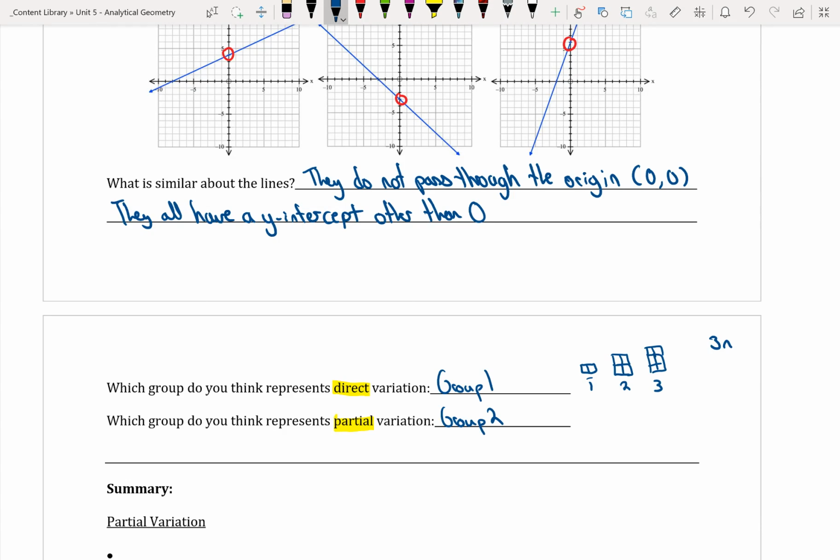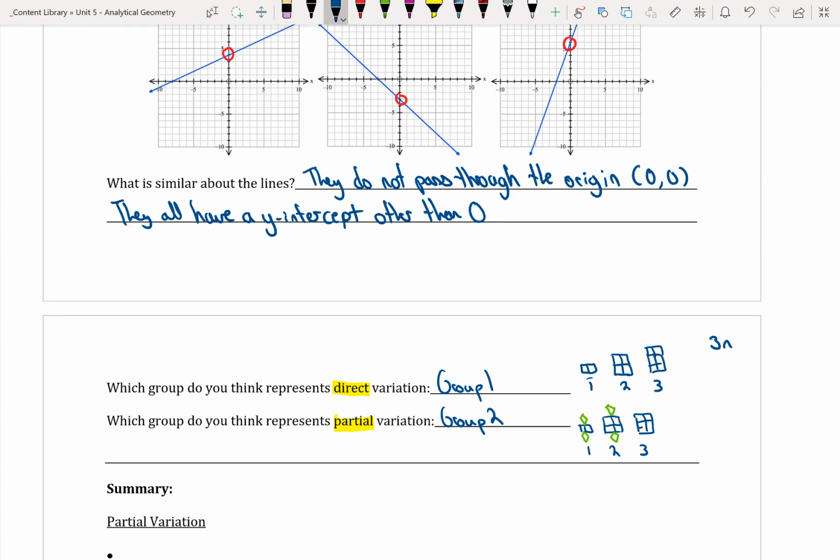Now a partial variation or partial relationship, there is a relationship, but it's partial. The y value is being partially affected by the x value. So if I draw my 3 terms again, the difference here is, if I draw term 1 like that with the 2 squares, there might also be those 2 green squares. So term 2, I'll still have my 4 squares, but there are those 2 green squares still sitting there.